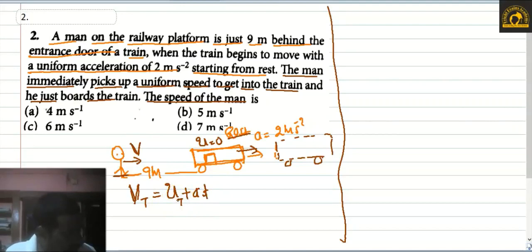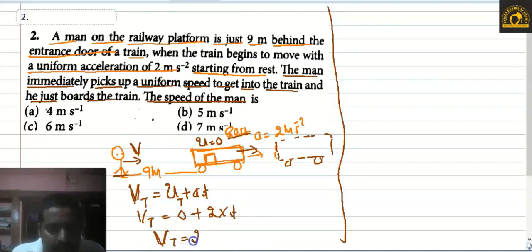So the final velocity of the train is equal to 0 plus 2 into t, which is 2t. This is the velocity of the train.